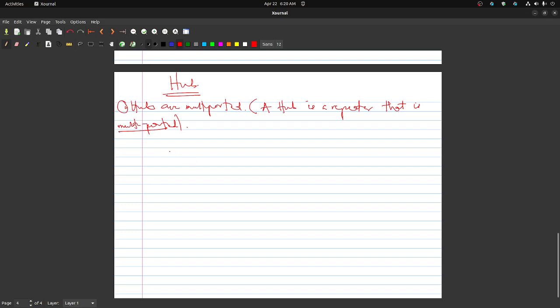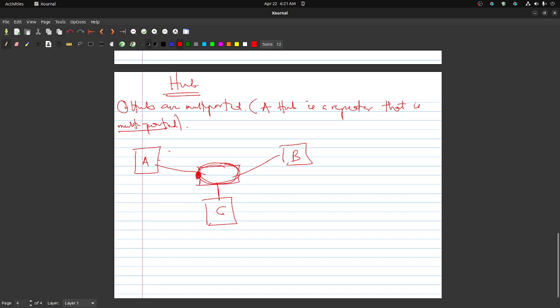So you can have a computer A here, and then a computer B here, and a computer C here. You can have all these computers connected. You have this connection here, and you can see that it is multi-ported.